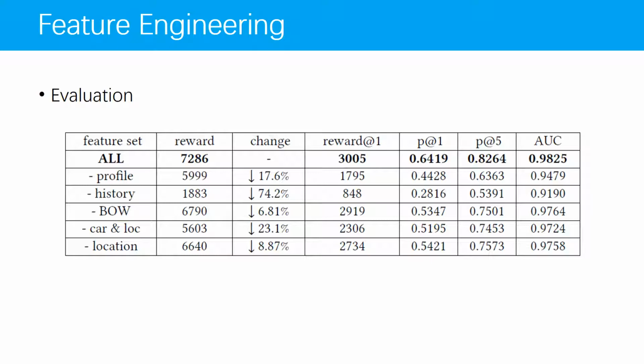We can observe that removing any one of the pillars will cause a drop in scores, especially when we remove the historical matching pillar. It indicates that users' interaction logs play a key role in identifying his latent interest.